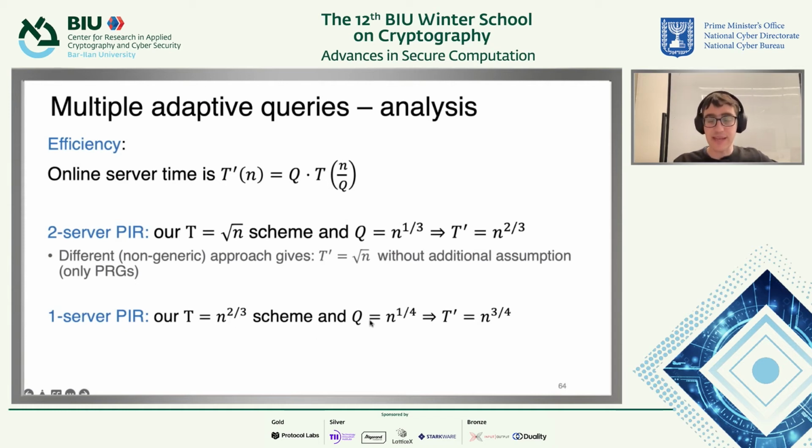And here again, if we set the parameter Q, the number of queries per offline phase, to be fourth root of n, then we'll get that the online time is n to the 3 over 4. So again, this is a transformation that takes us from a single query offline-online scheme, either in the two server case or in the single server case, into a multi-query scheme.